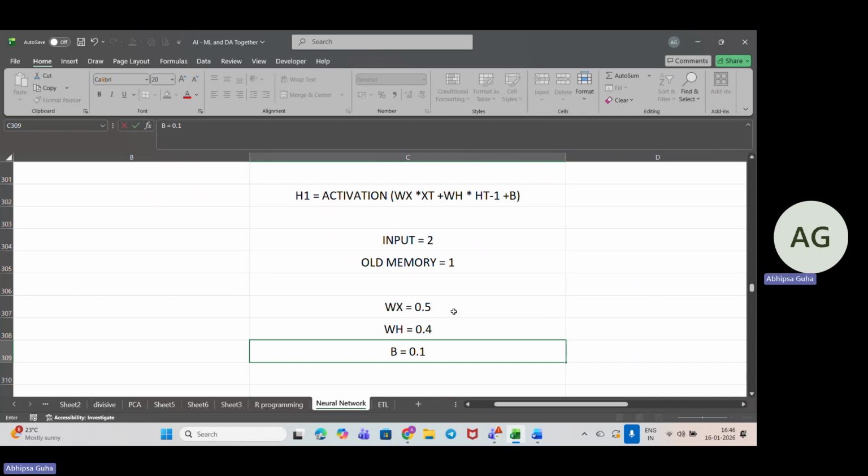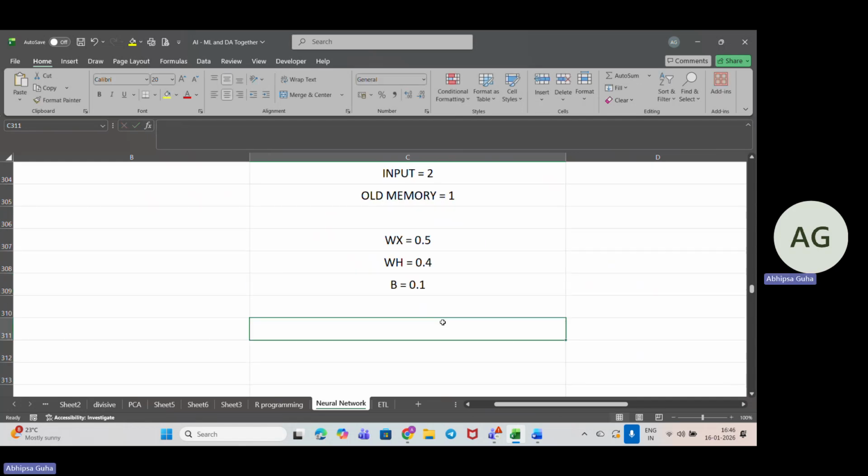Now step by step we need to do the same thing. So we will be doing 2 into 0.5 plus 1 into 0.4, plus my bias is 0.1. So I get the value as 1.5.